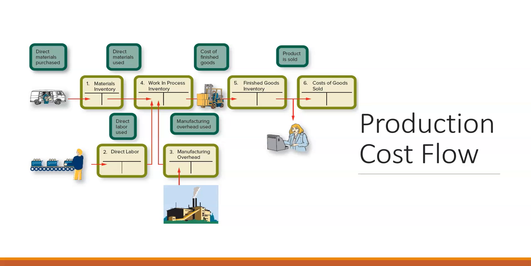At that point, we are going to credit work in process inventory and debit finished goods inventory. When we sell a product, we will credit finished goods inventory and debit cost of goods sold. We will, of course, practice this in our classroom examples.